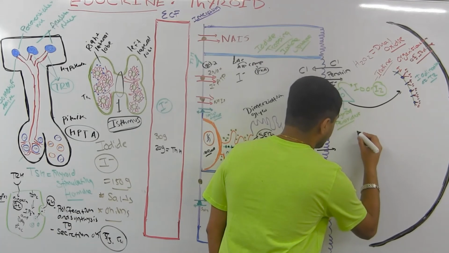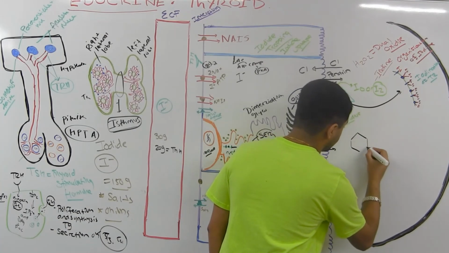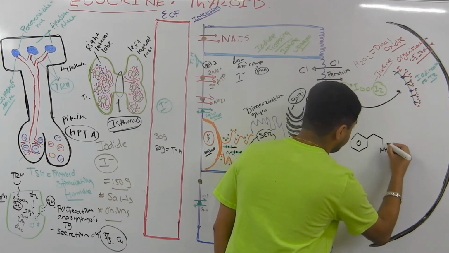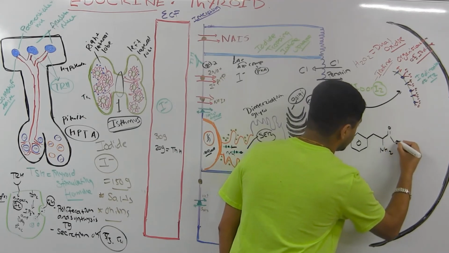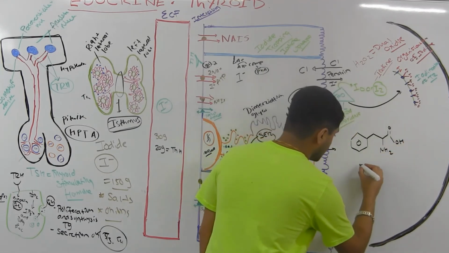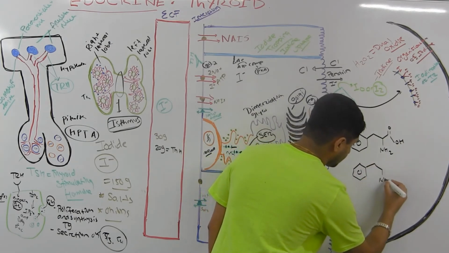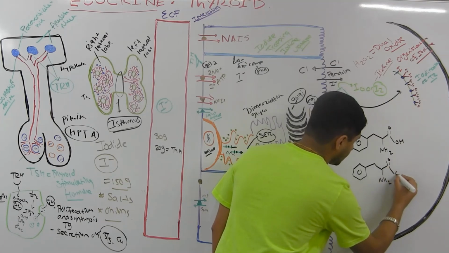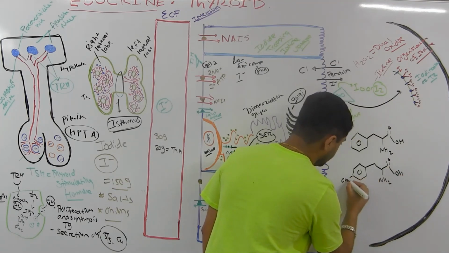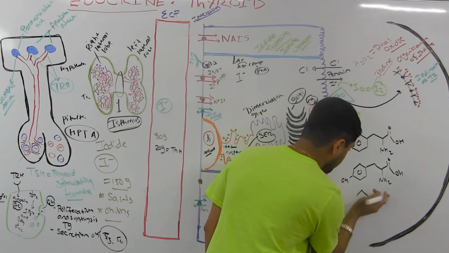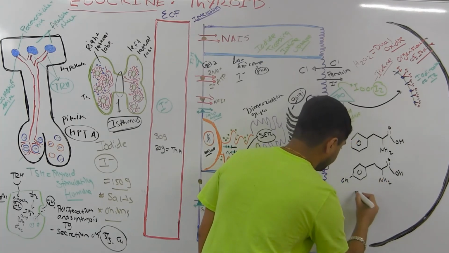So as I said, this is my so-called tyrosine. Aromatic ring, you have 1, 2, NH2 right here, and then you have a carboxyl OH here, right? I'm going to draw three more, let's say this one, NH2, and then carboxyl here. And this is my OH group here.